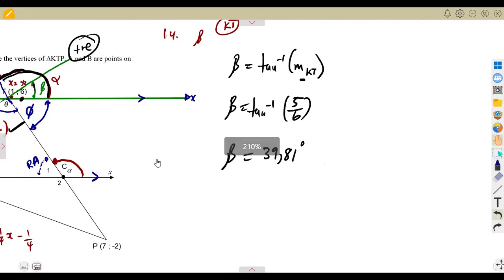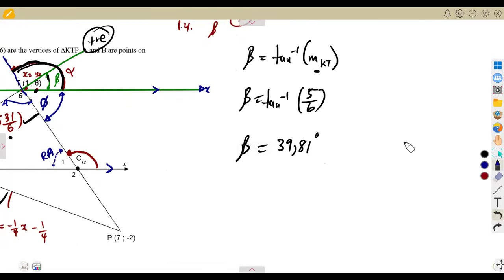Luckily, we've got the point T and also the point P. The point T, remember, was (1, 6), all right? The point T was (1, 6), and the point P was (7, -2). So we are going to need the gradient of line TP or PT, whichever way you have it.